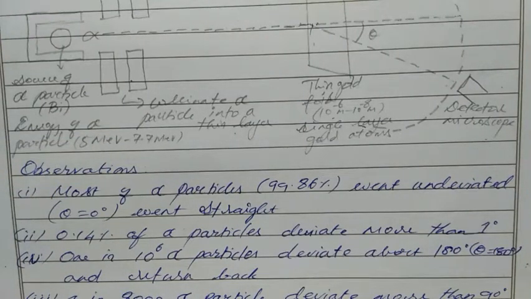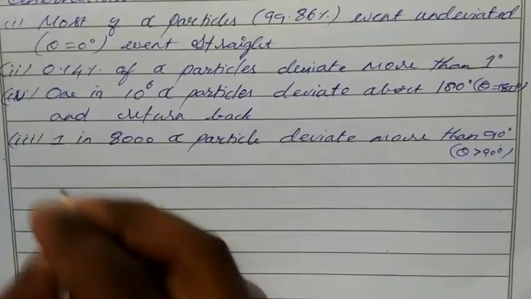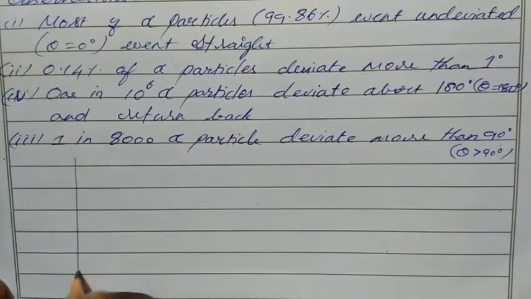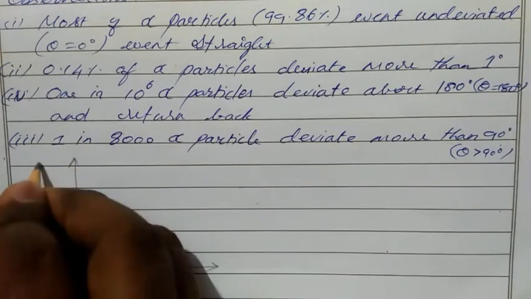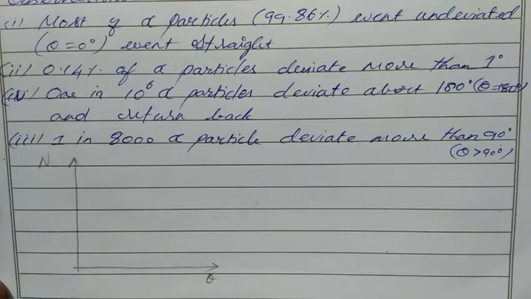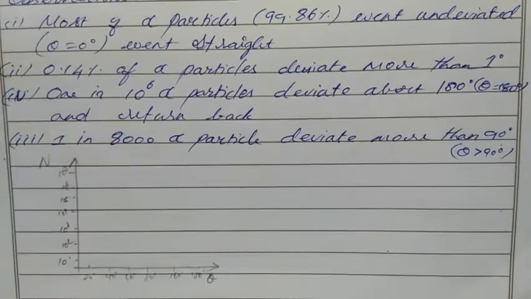If we draw a graph of the number of alpha particles versus scattering angle, capital N and theta, we have a graph somewhat like this.